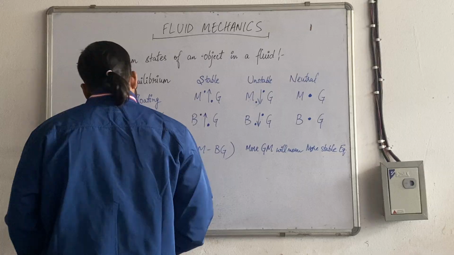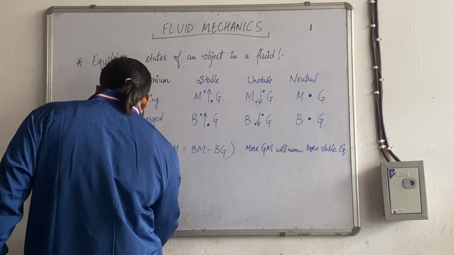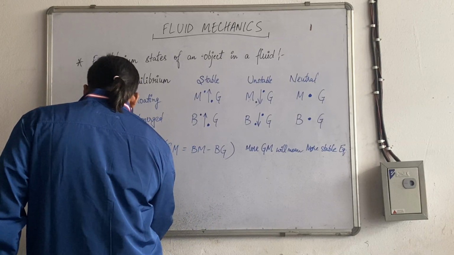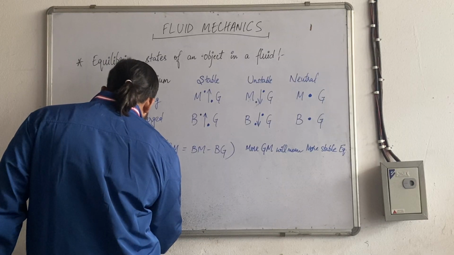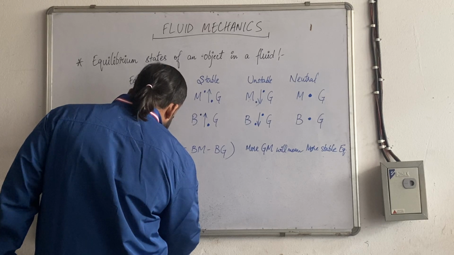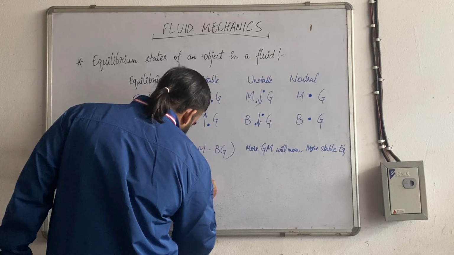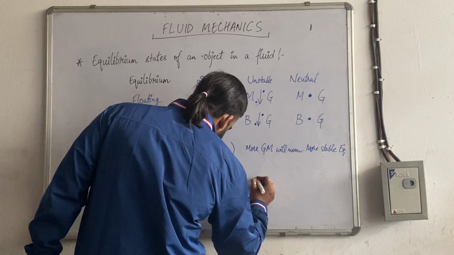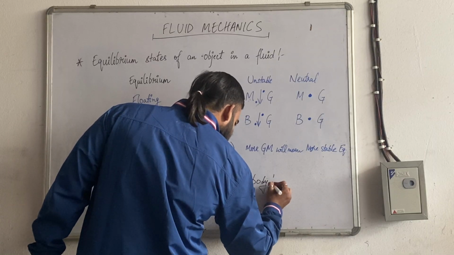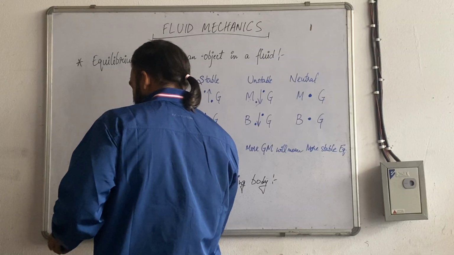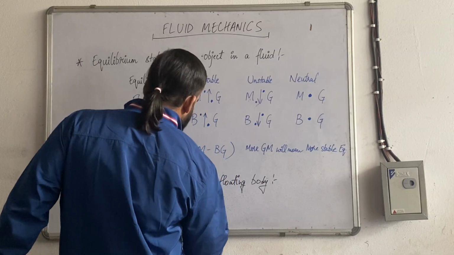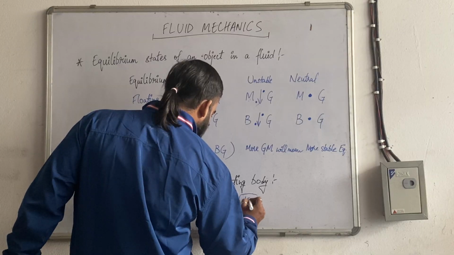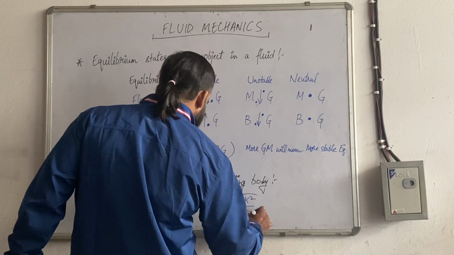Further, the time period of oscillation of a floating body can be written as T is equal to 2 pi under root k square upon hg.